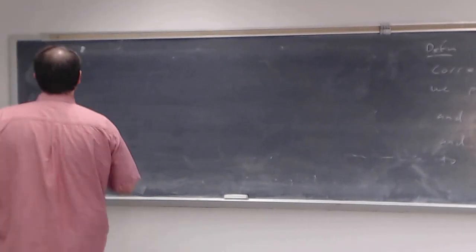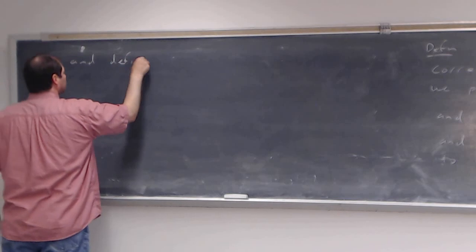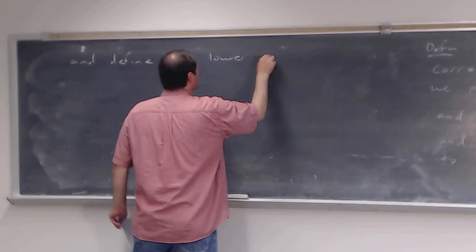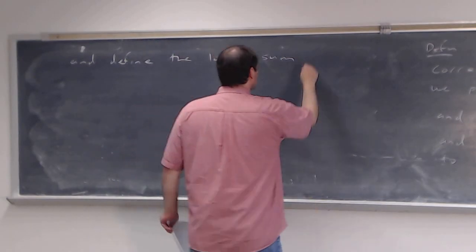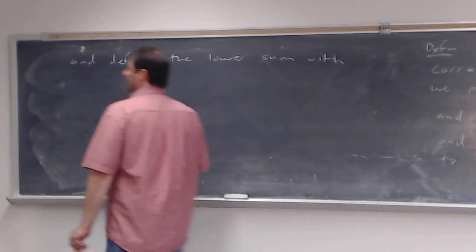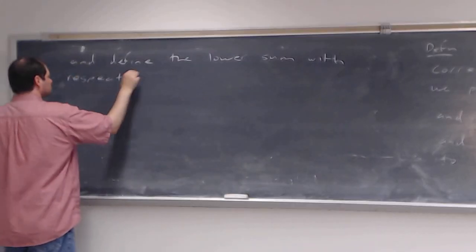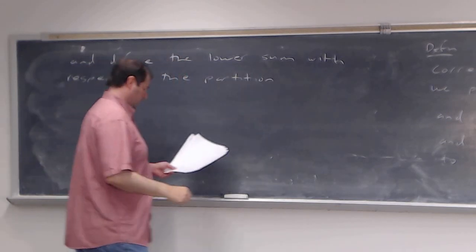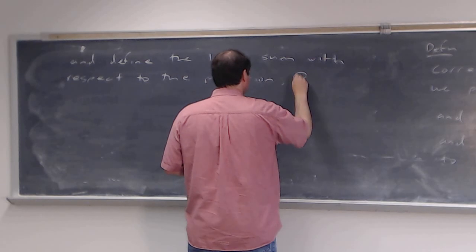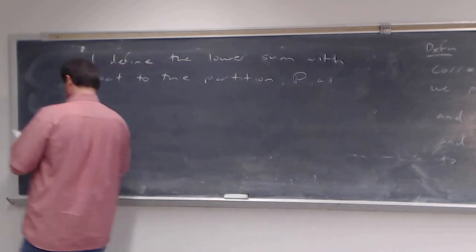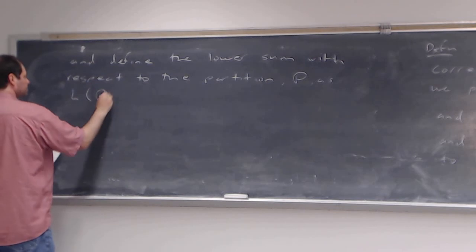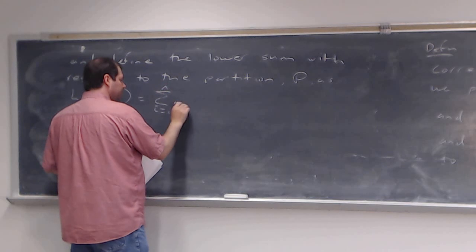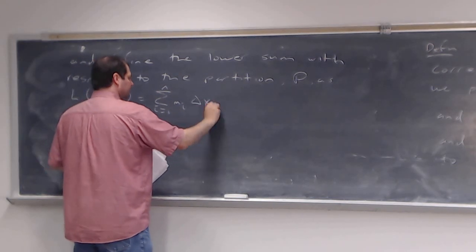Indeed we do. We define the lower sum with respect to the partition script P as L of P, f, equal to the sum as i runs from 1 to n of the little m sub i times the delta x sub i's.